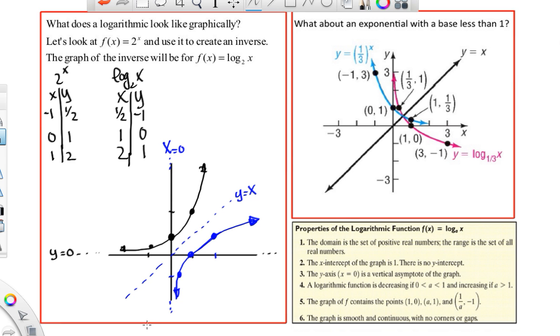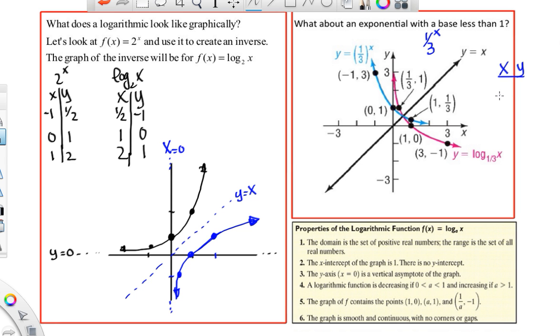Okay, so that is a picture of a logarithmic function, and the exponential function that it's tied to. What if the base is less than 1? So what if I first looked at 1/3 to the x? So if you look at 1/3 to the power of x, then the table for that, I'll make my xy table over here.